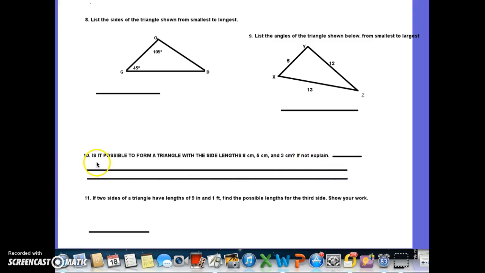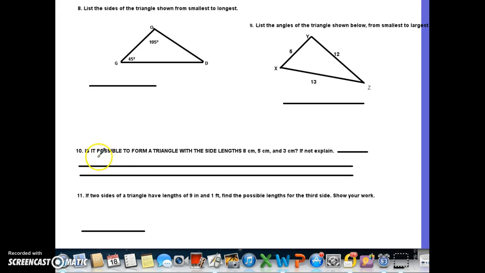The theorem says the following. It says the sum of any two sides, or side lengths, of a triangle must be greater than the length of the third, meaning the third side.